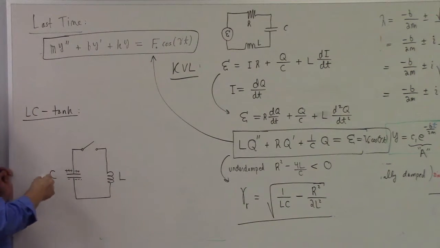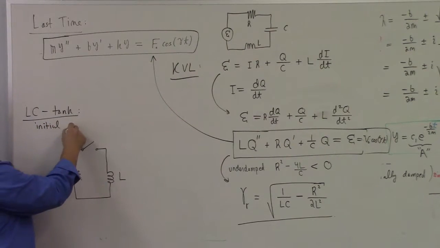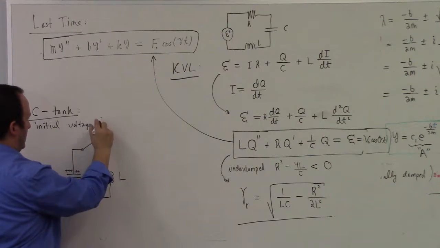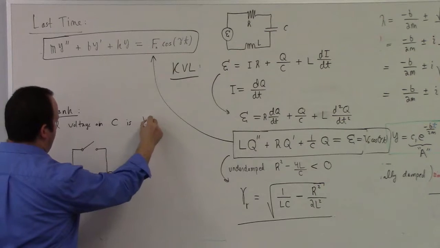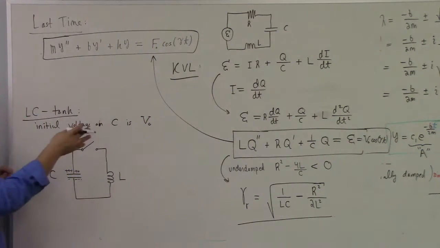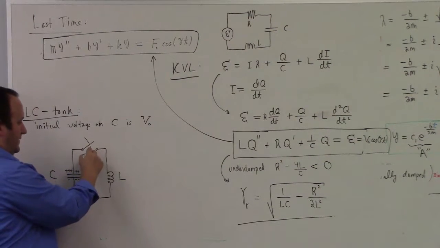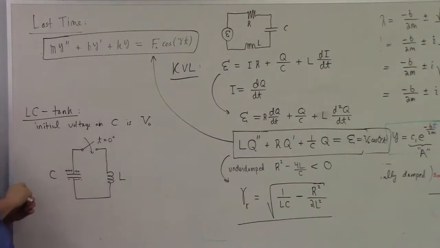Suppose that the initial voltage on C is, let's say, V naught. That could be 9 volts, whatever. Adding numbers won't make it make more sense, so you'll forgive me if I don't. And then at time equal to 0, just a little bit beyond 0, we close the switch. What happens then?